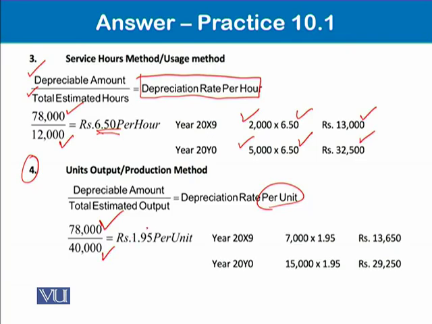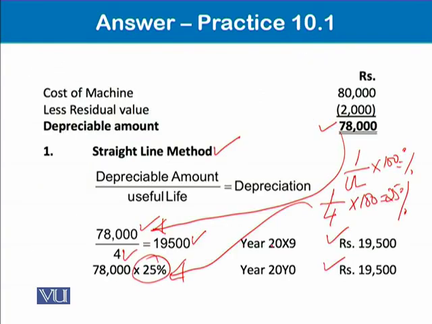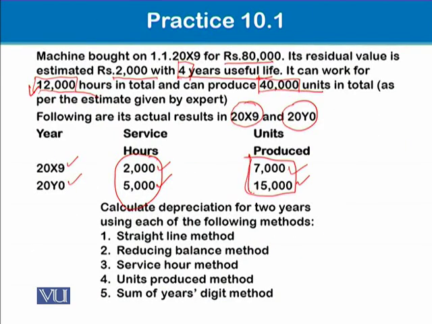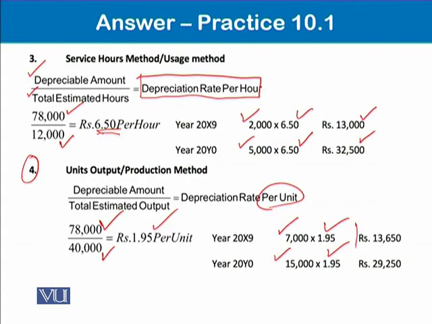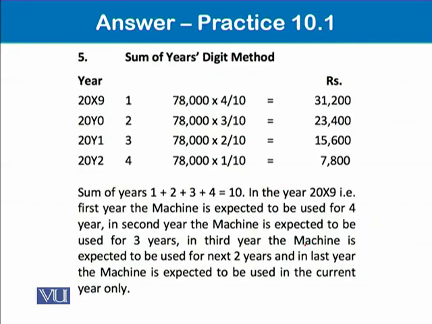We have already discussed: 1.95 per unit is the depreciation rate. We will multiply it with the actual number of units produced given in the question. Here we go. And this is our depreciation expense for the years X9 and Y0.